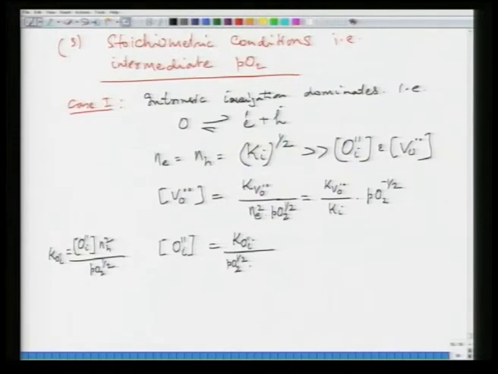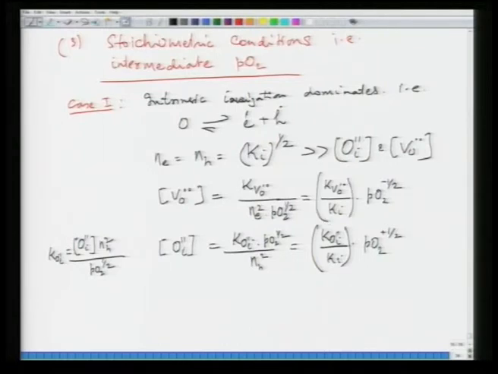So, OI now will be equal to KOI multiplied by PO to the power half divided by NH square. So, this becomes KOI divided by Ki into PO to the power plus half.